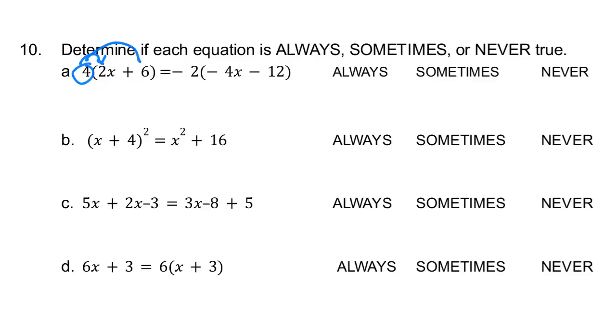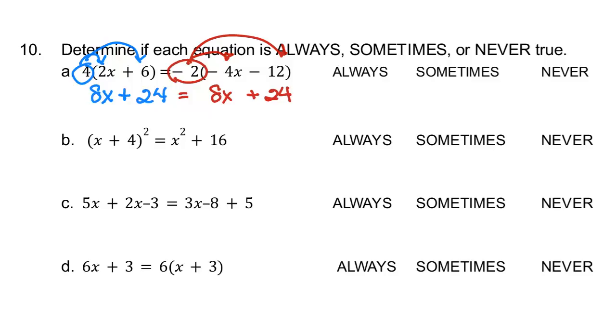As you distribute, you get 4 times 2x, which is 8x, plus 4 times 6, which is 24. And we're going to distribute on the other side, negative 2 times negative 4x. That gives me 8x. And negative 2 times negative 12 is positive 24.